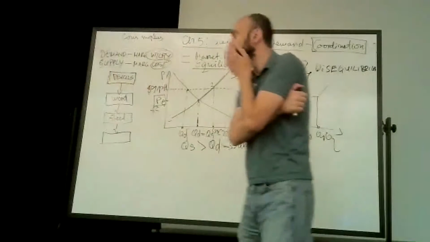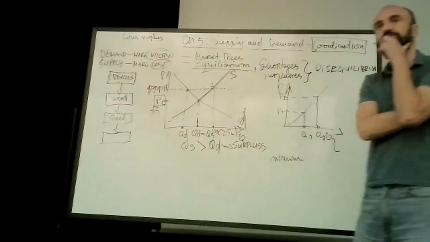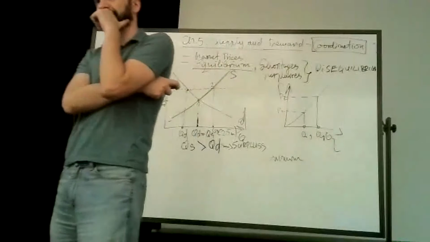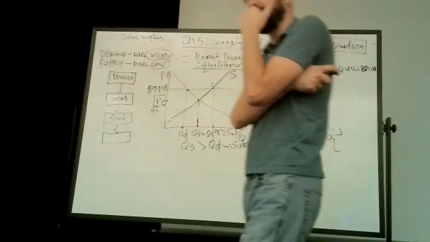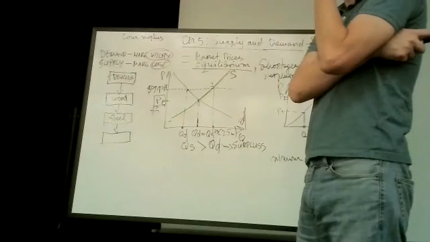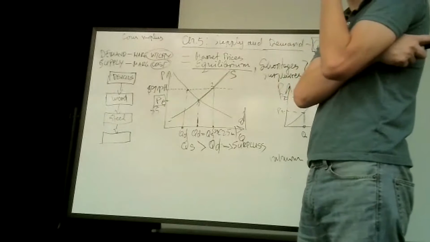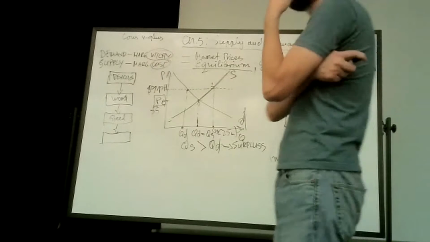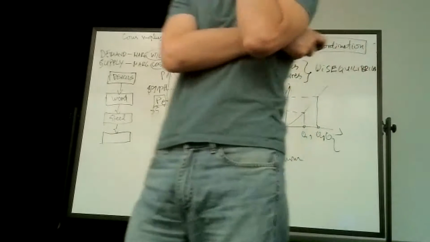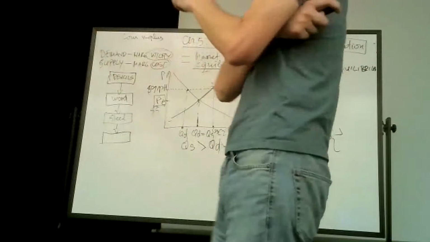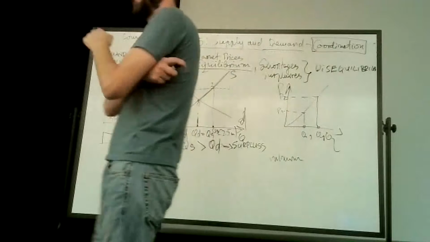Now, this is very instructive. What's going to happen to the price once people realize that there are surpluses being created? Yeah, the price will have to go down. Why will the price have to go down?